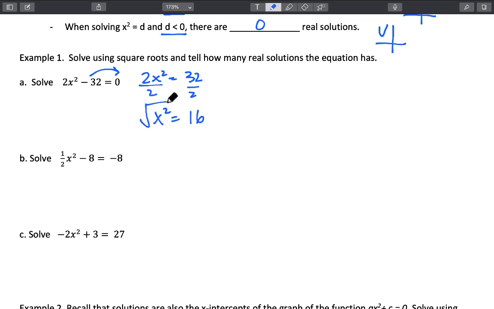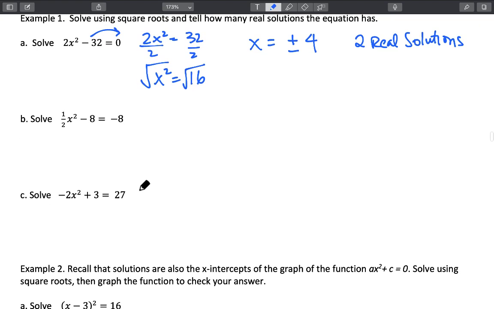So I can take the square root of both sides, and my solutions will be both the positive and negative square root of 16, which is 4. So I have 2 real solutions. Those 2 real solutions mean that it's going to cross the x-axis in 2 distinct points at positive 4 and negative 4.